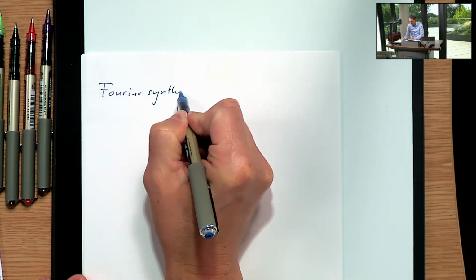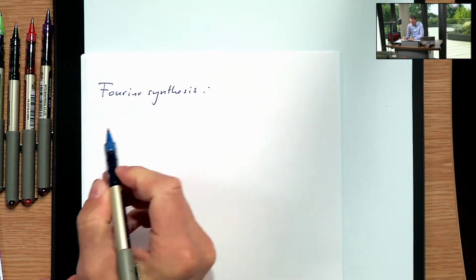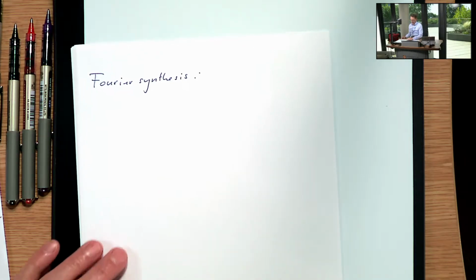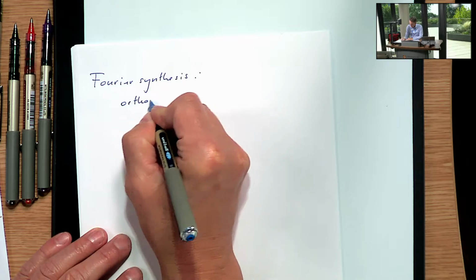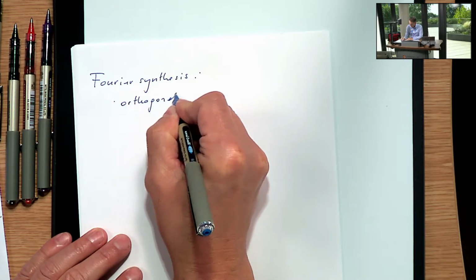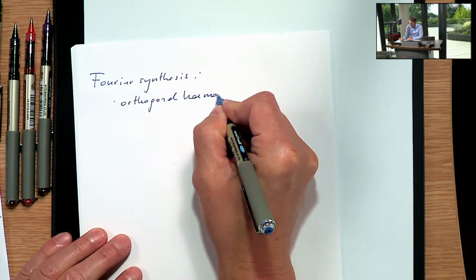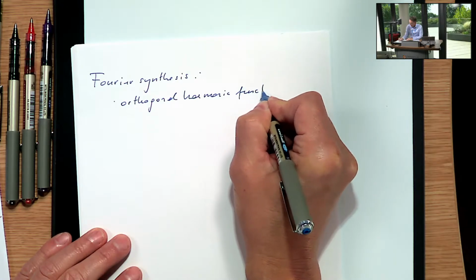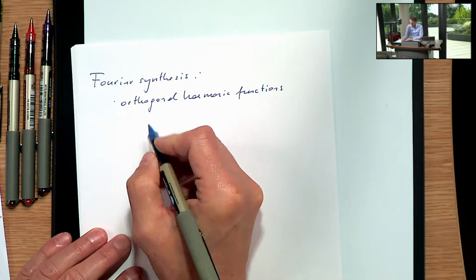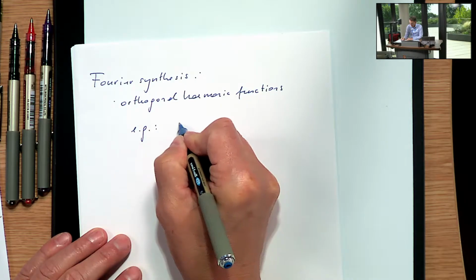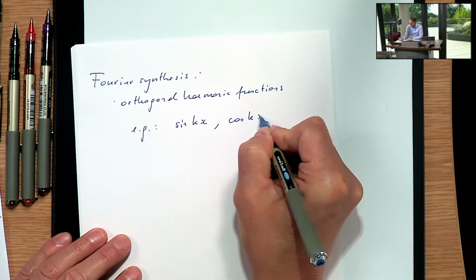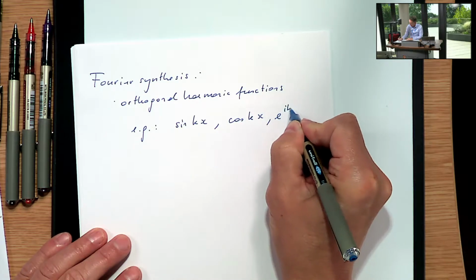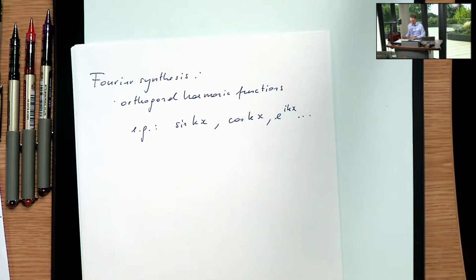Orthogonal harmonic functions are functions of the form, for example, sin kx, cos kx, e to the i kx, etc.